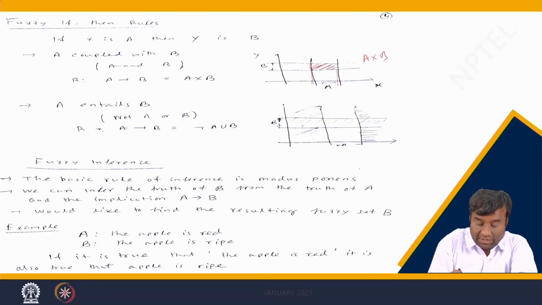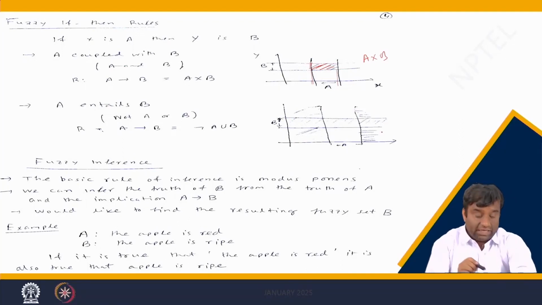This is B and this is not A. So take the union.